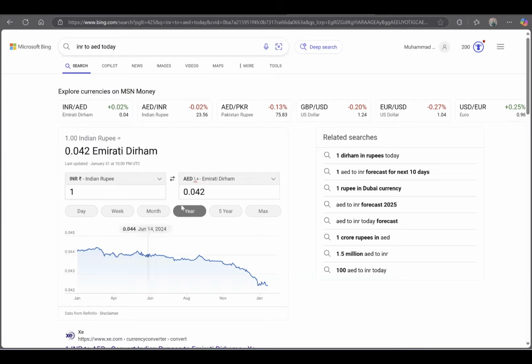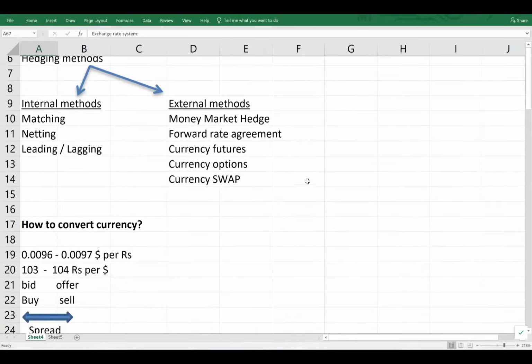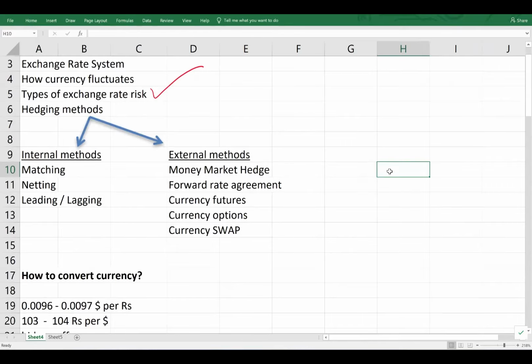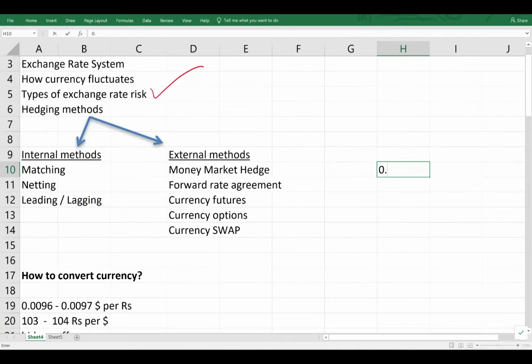Let me write it down here: 0.042 AED per INR.